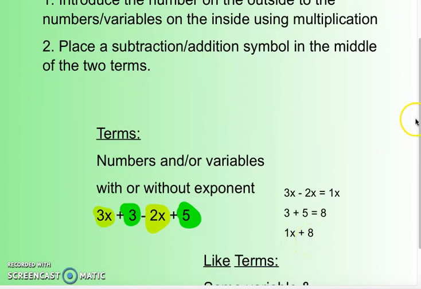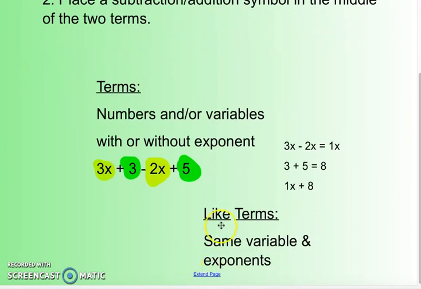Okay, if you want to get this in your notes, like terms basically means that they have to have the same variable, just like this 3x and 2x, and then they have to have the same exponent. Now, it looks like none of these have an exponent, but can you tell me what power I can take any number to which wouldn't change its value?